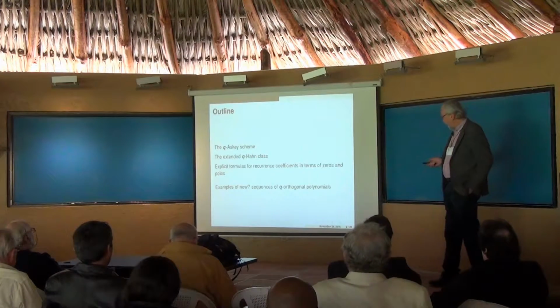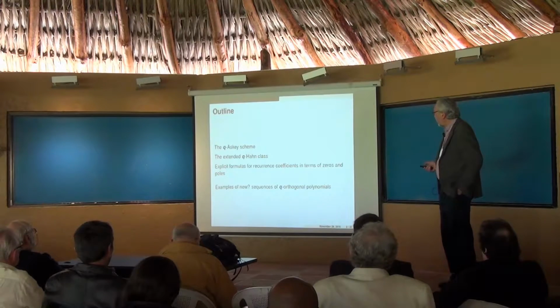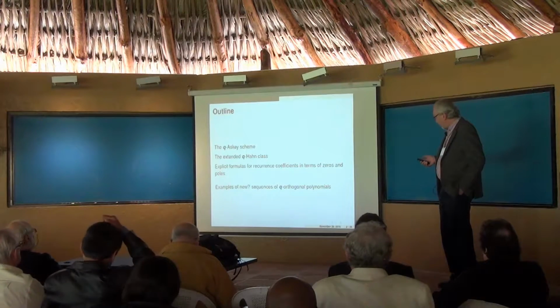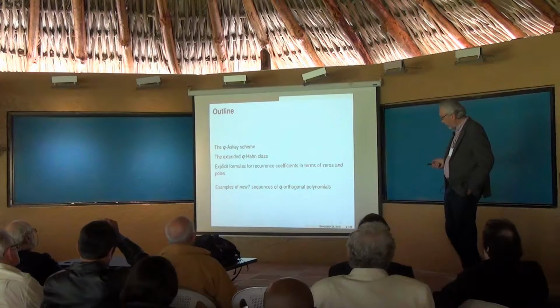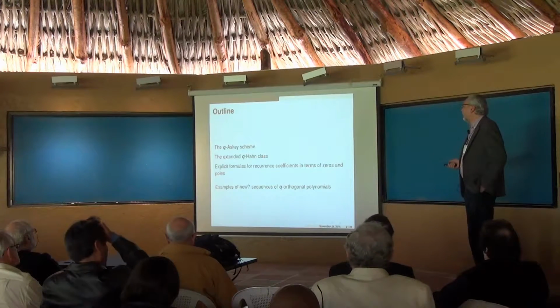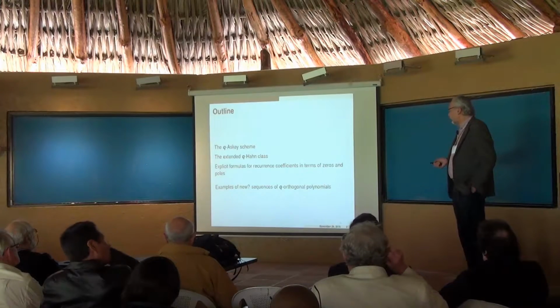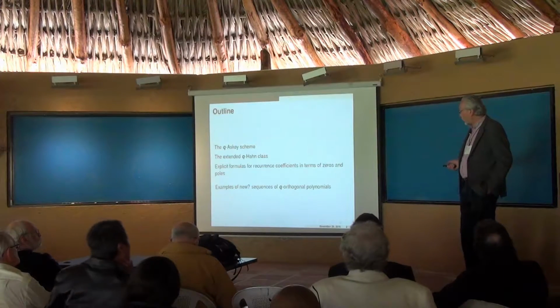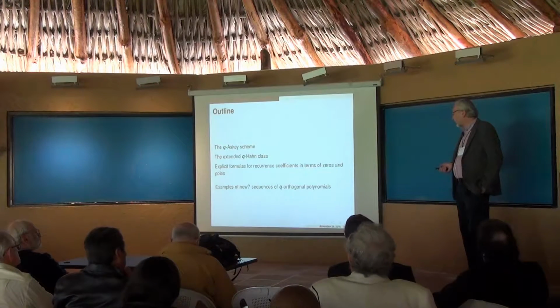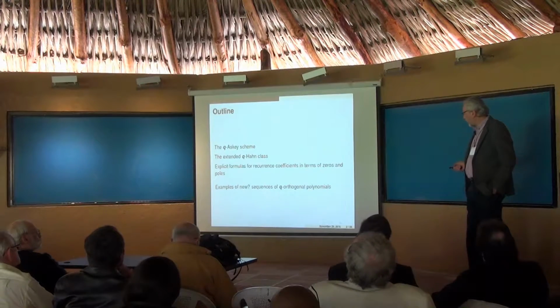The idea is that I'm going to explain a few things about the q-Askey scheme. Then I describe an extension, and this is done by means of explicit formulas for the recurrent coefficients in terms of zeros and poles.